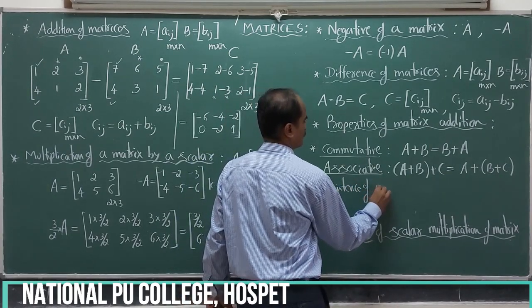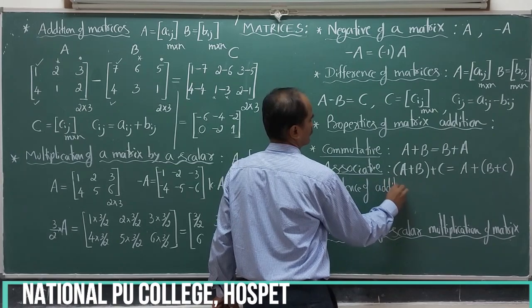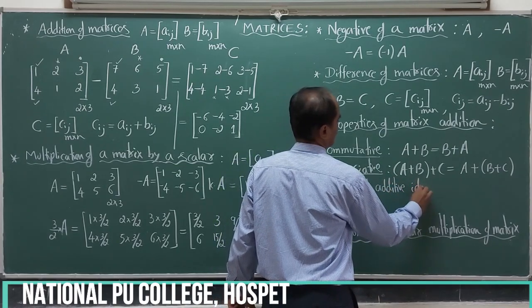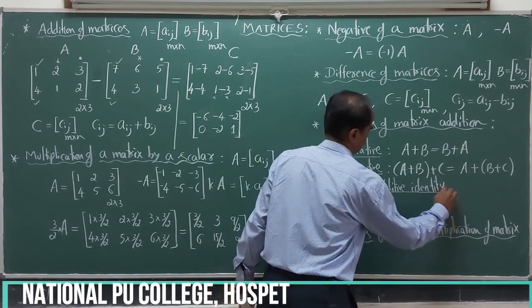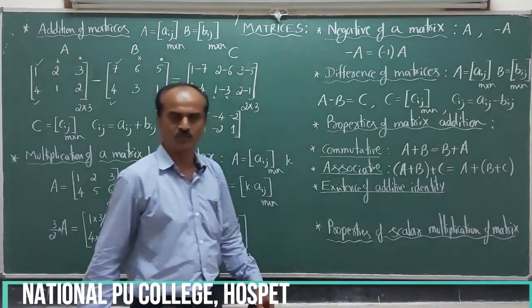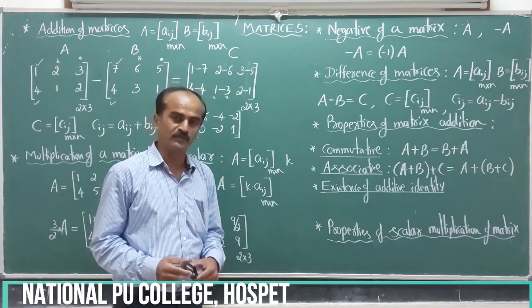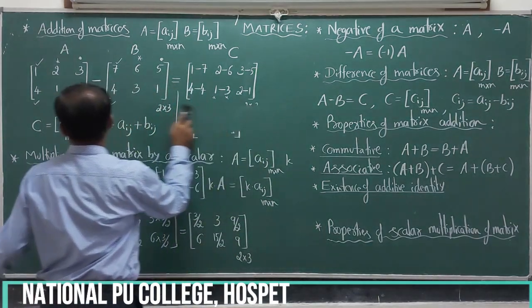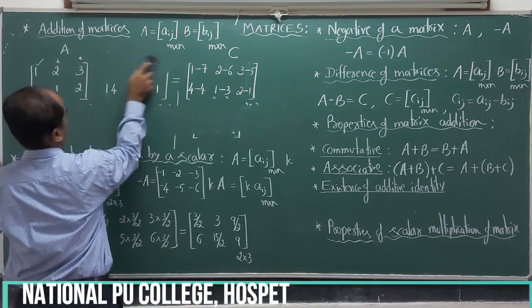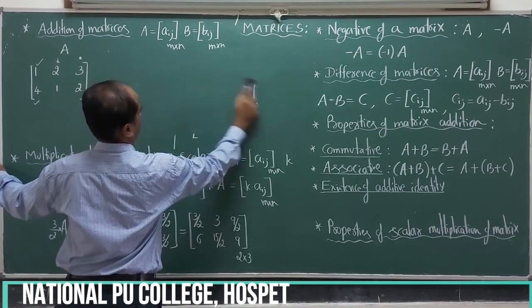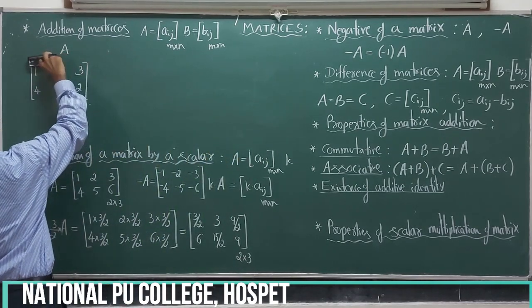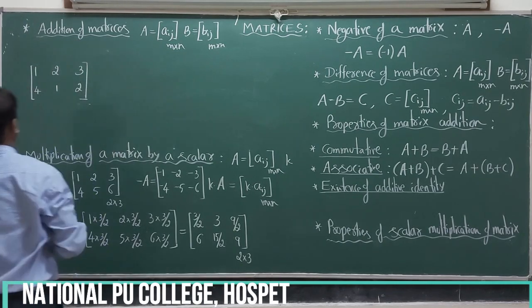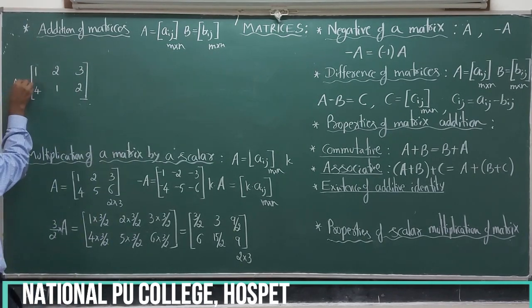Existence of additive identity. Let us see what this additive identity means. So this is matrix A.